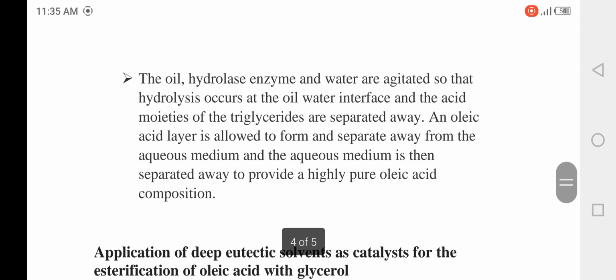The oil, hydrolase enzyme, and the water are agitated so that hydrolysis occurs at the oil-water interface, and the acid moieties of the triglycerides are separated away. An oleic acid layer is allowed to form and separate away from the aqueous medium, and the aqueous medium is then separated away to provide a highly pure oleic acid composition.